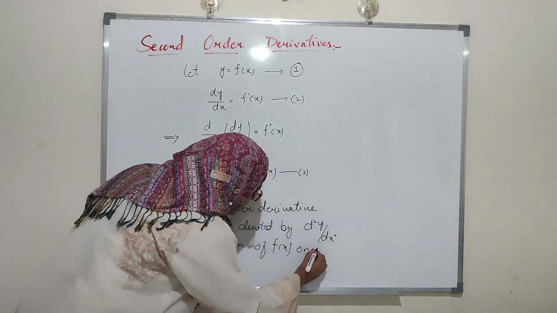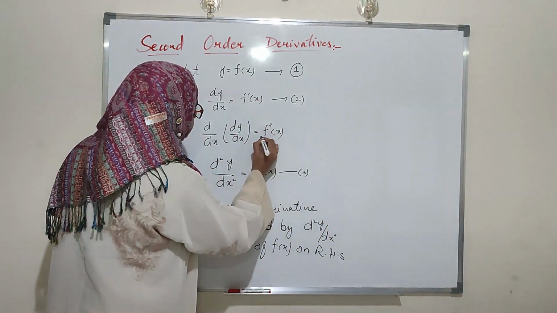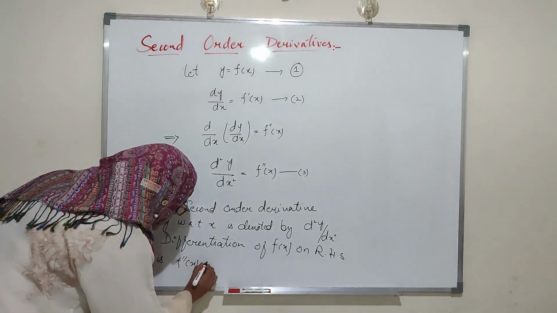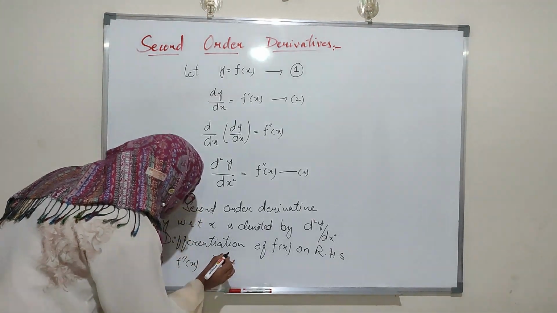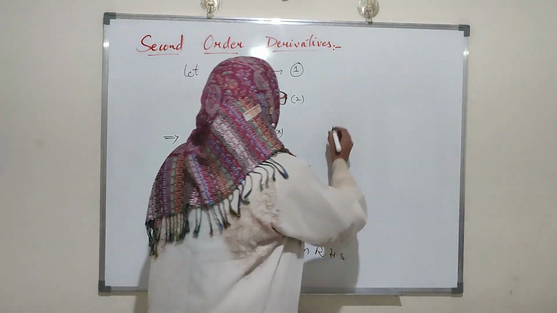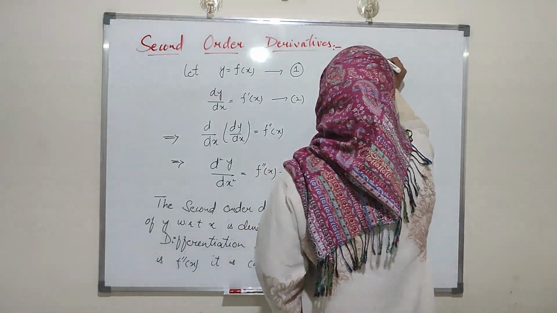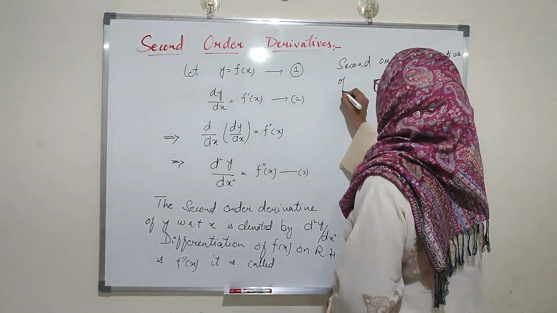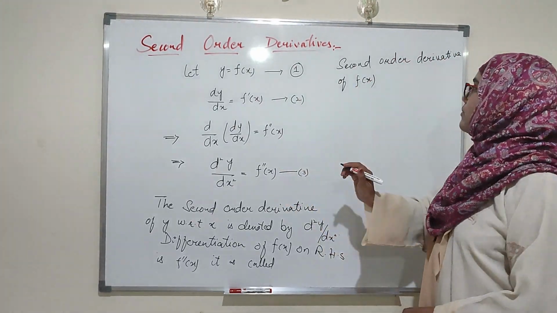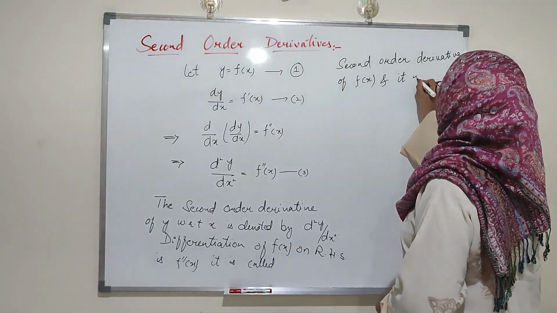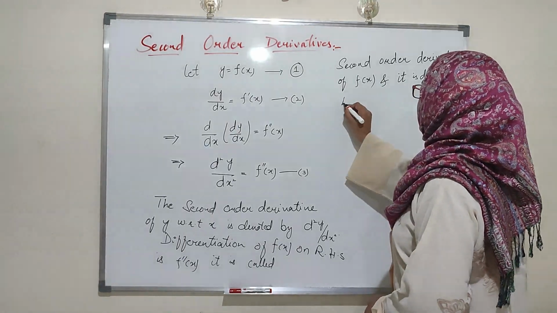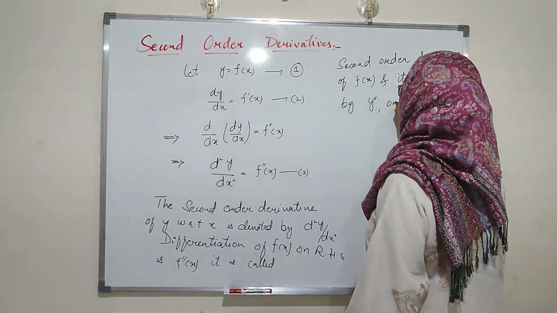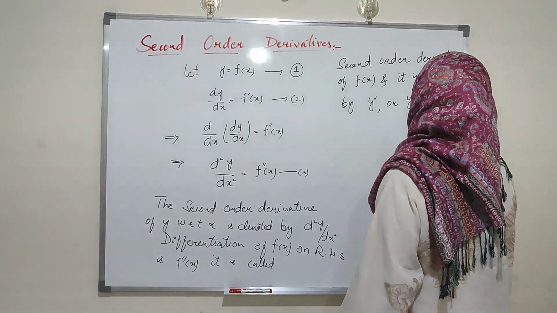I'm writing here, second order derivative of f of x, and f double dash of x is denoted by y double dash or y2 or d2y.